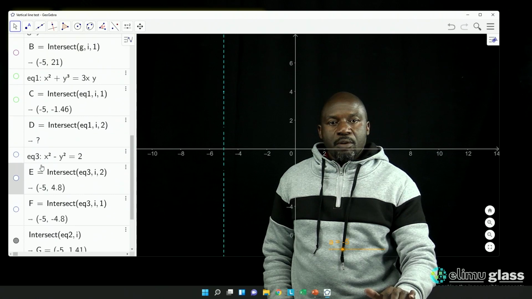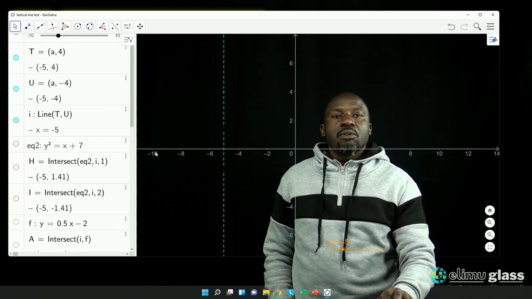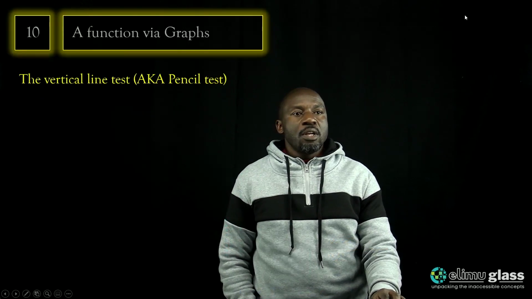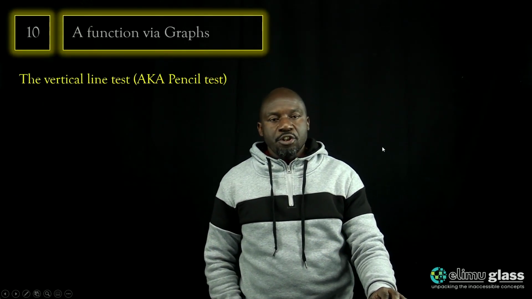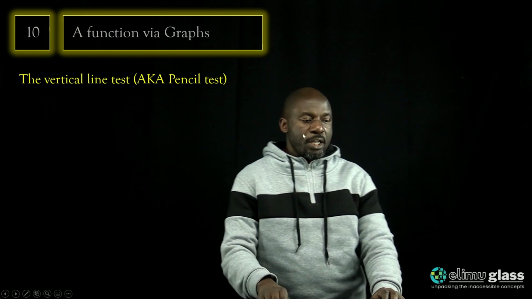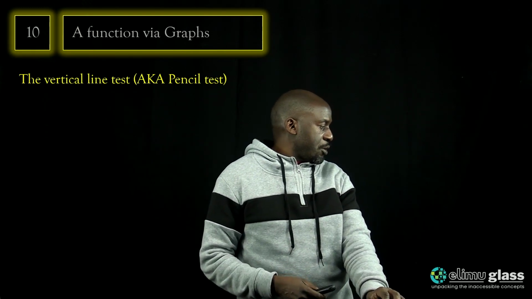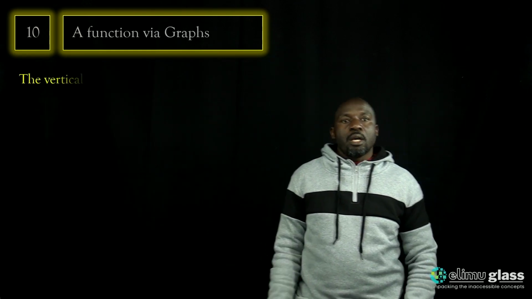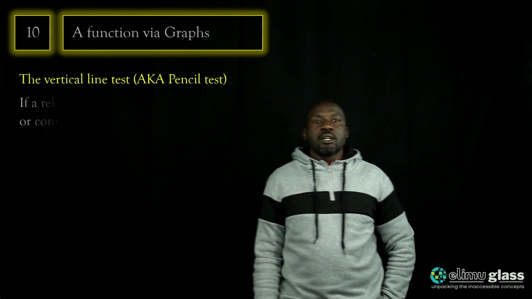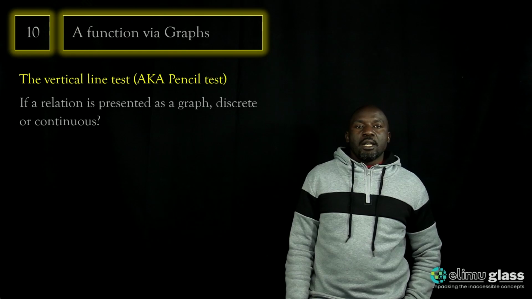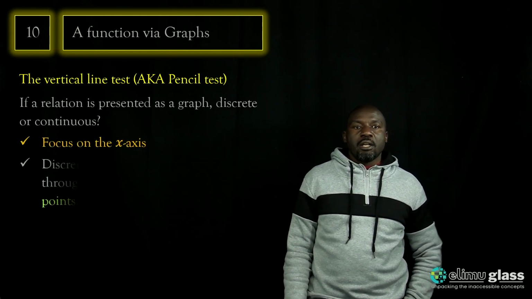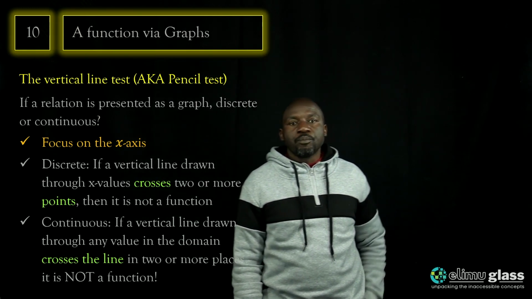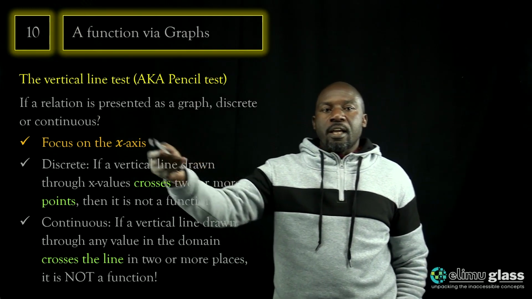I think we are done with them. So the vertical line test can be used to determine whether a relation is a function or not. We have used this to check whether a relation was a function or whether it is not. We focus on the x-axis.